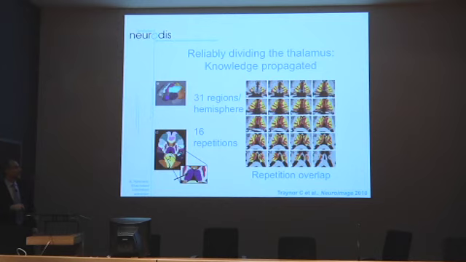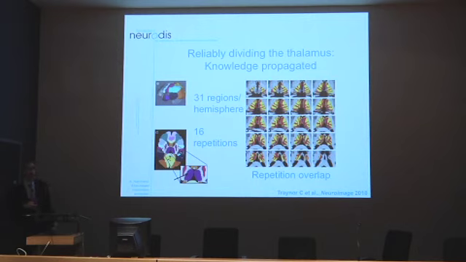And this is a map of the connections tested 16 times. So the same subject was scanned 16 times, and the reproducibility. So in yellow, you've got areas where the same area was shown as connected 16 times, and this goes down to red, where it was only overlapping in 5 subjects, but fairly reproducible within subjects and between subjects.